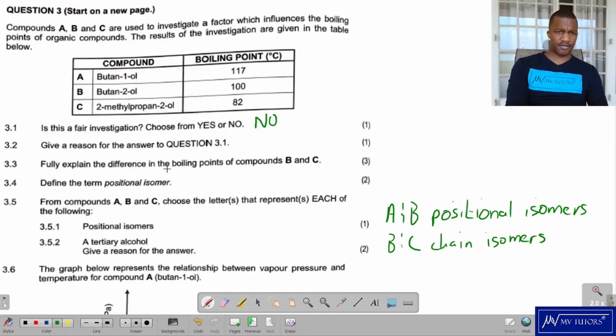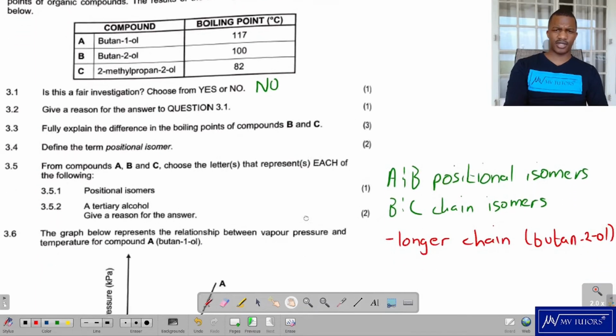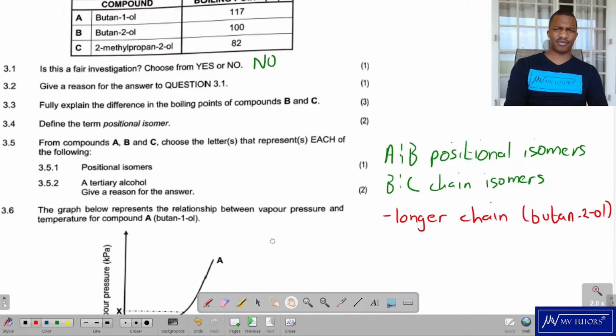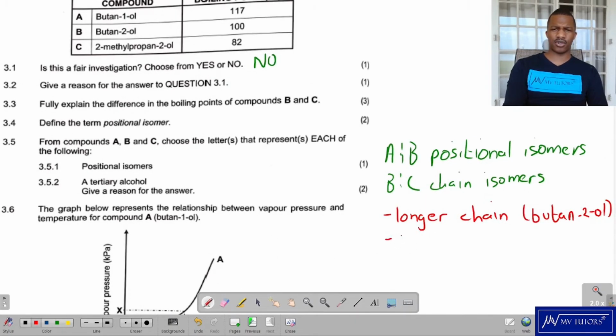Now it says fully explain the difference in boiling points of compound B and C. Compound B has a definitely higher boiling point than compound C. The reason is that, number 1, the butan-2-ol has a longer chain, and because it has a longer chain, it means it has stronger bonds, because it's a straight chain.